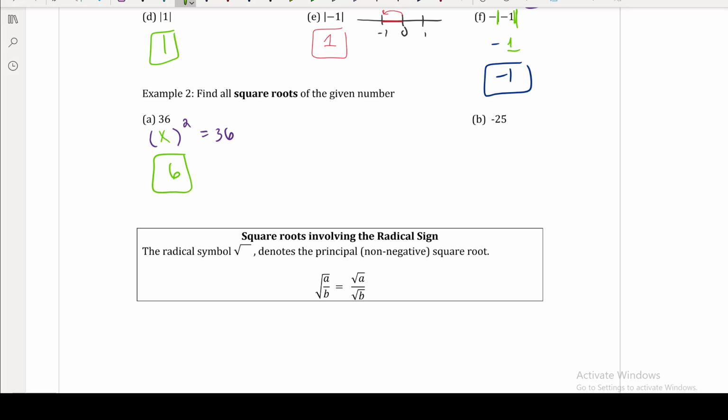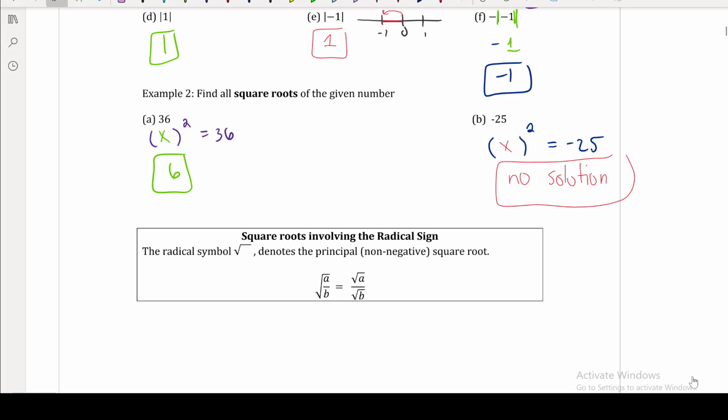So 6 times 6 is equal to 36. Now for part B, if I think of -25, you want to think about, what number squared is going to equal -25? Well, we actually see that x squared cannot be possible to give you a negative, so this would be no solution.